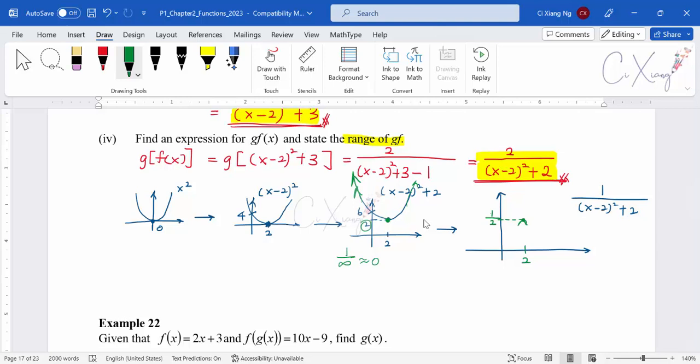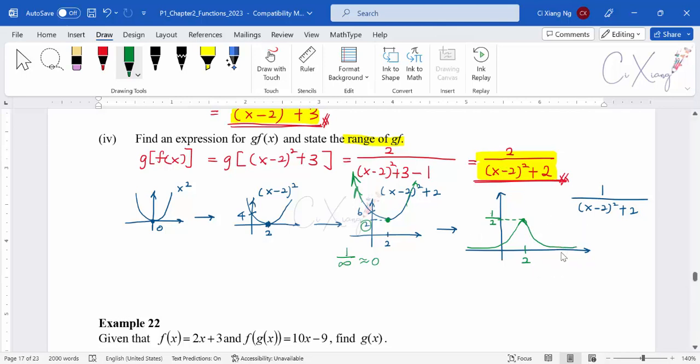That means if I sketch the diagram, it gets closer and closer to 0, but it will not touch the x-axis. Okay, so this is how we sketch it. The same thing happens for the right hand side. From the maximum point, my curve will go down, getting closer and closer to 0, but it will not touch 0. So this is what you have for the right hand side here.